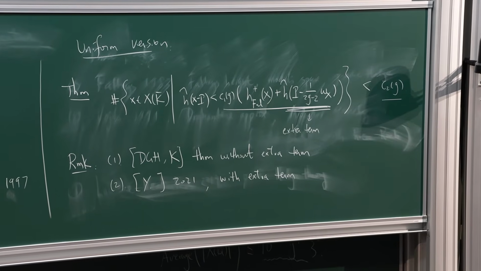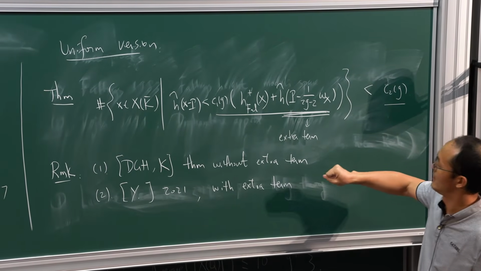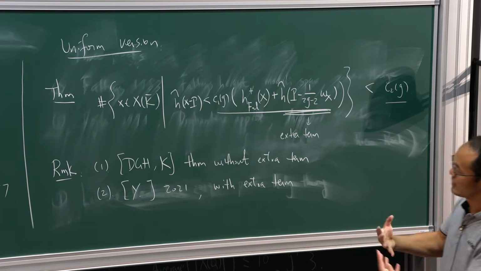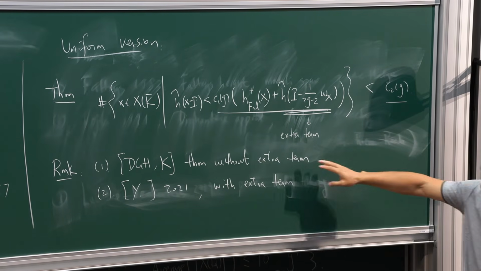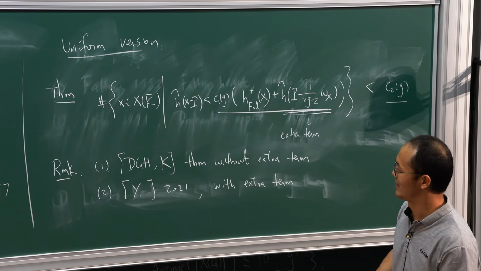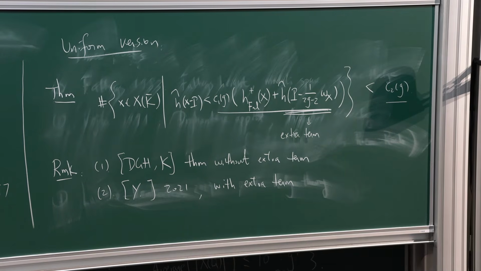When I obtained this result, my extra term comes out naturally from my proof. Our proofs are very different. I don't have much time to explain those two proofs, so I will not explain. But I will explain the third proof later.